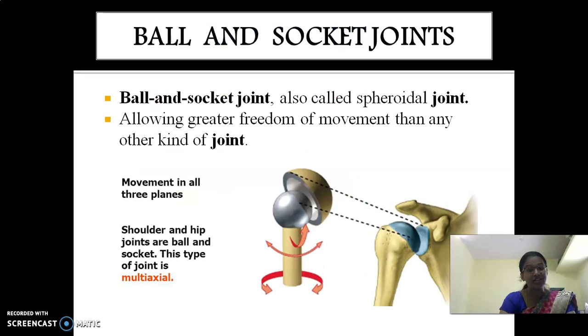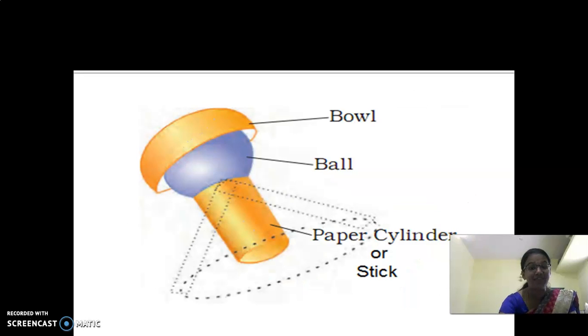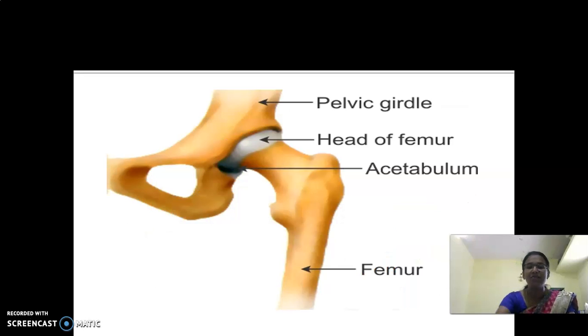Ball and socket joints can rotate through an angle of 360 degrees. They are very free to move. These joints are found in our shoulder and in our waist region. The largest bone in our body is the femur bone, the thigh bone, which is attached to the pelvic region.